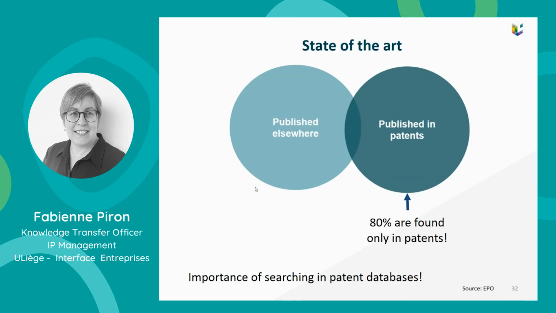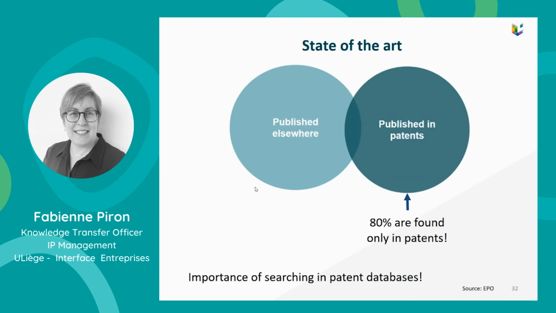So my first advice to you is please search, read, and use information identified in patent documents for your R&D project. You will be surprised how it will be a complement of scientific literature.